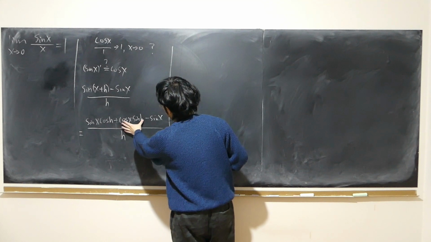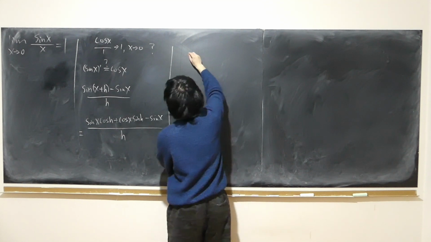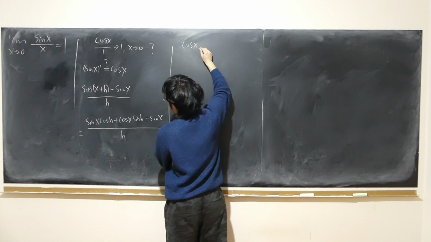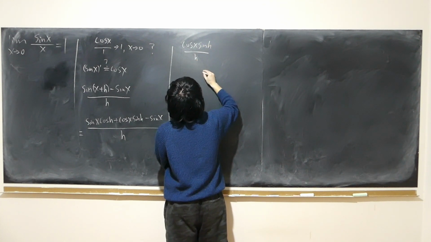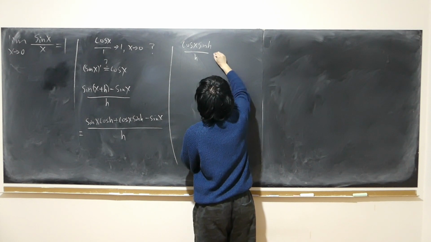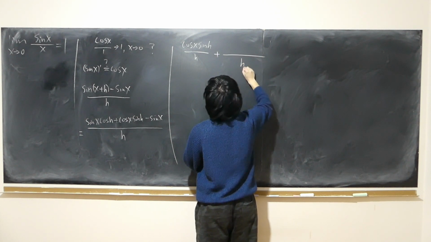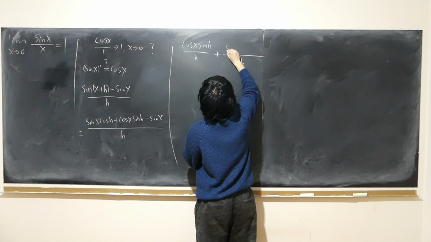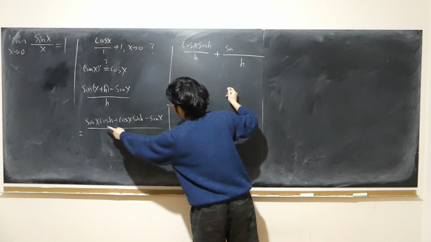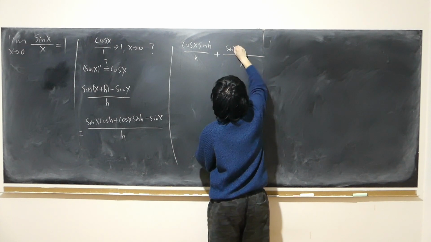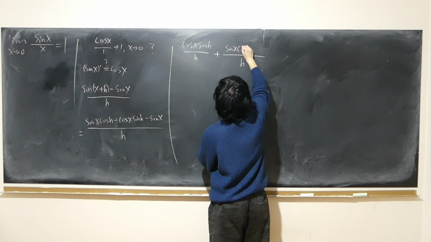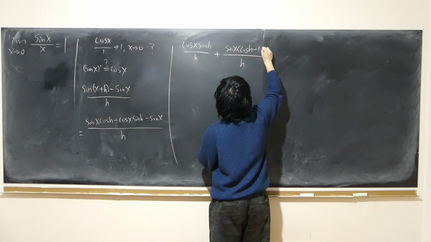First, I'm going to use this part over h: cosine x sine h over h. Then I'm going to use that part over h: sine x cosine h minus sine x, with sine x factored out, cosine h minus 1.